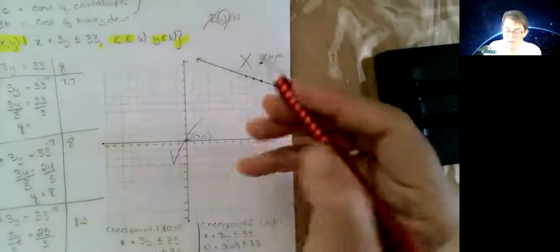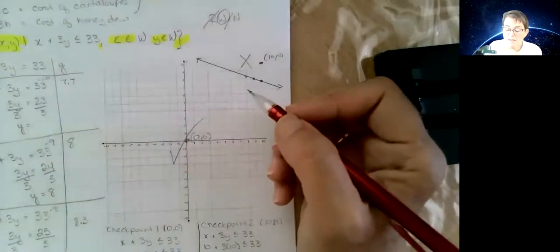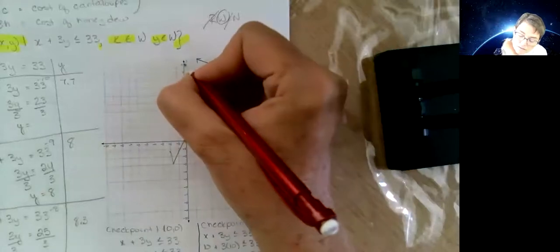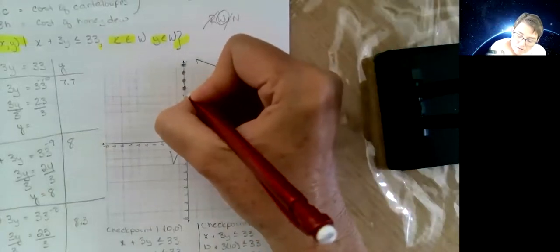We did our checkpoints. And now we need to do our actual graphing. And I decided it was going to be whole numbers. So that means I'm stuck in the first quadrant, and I can use the axes.